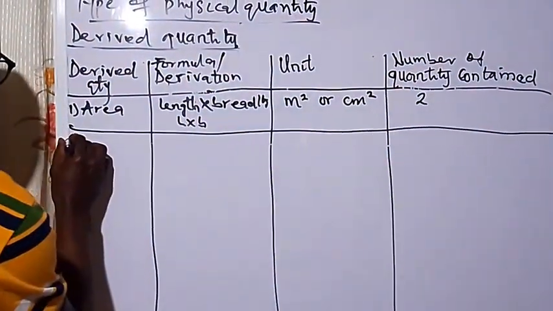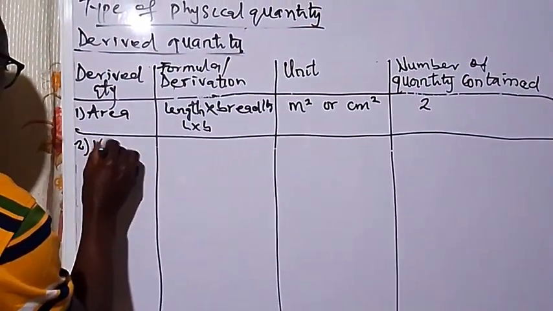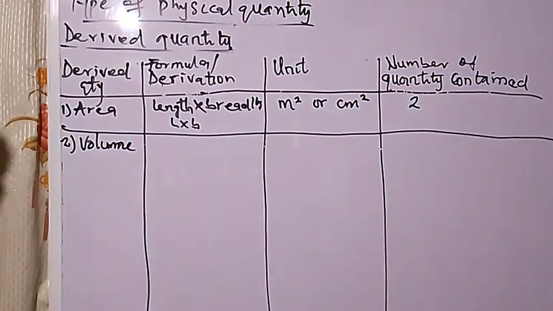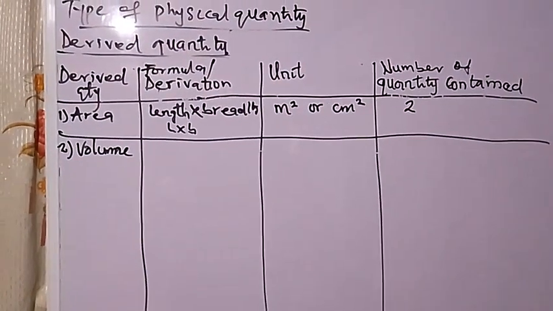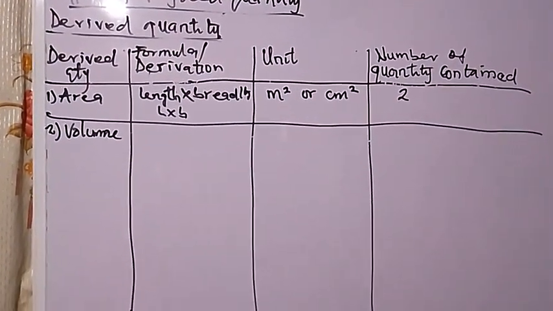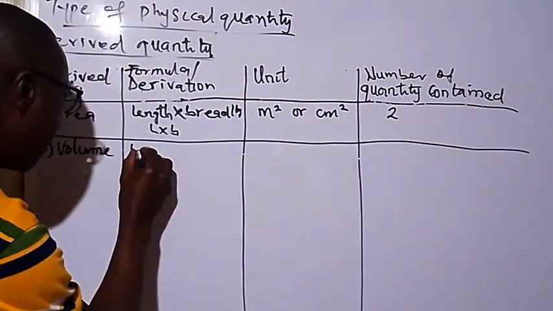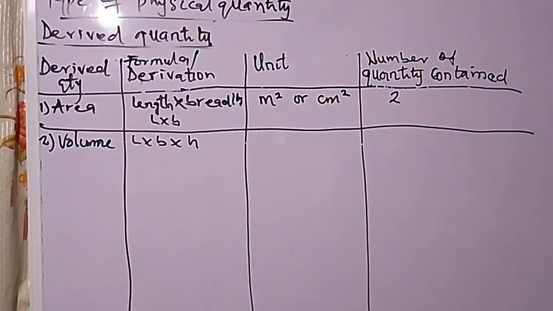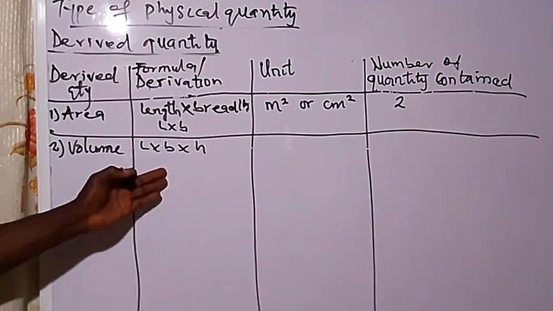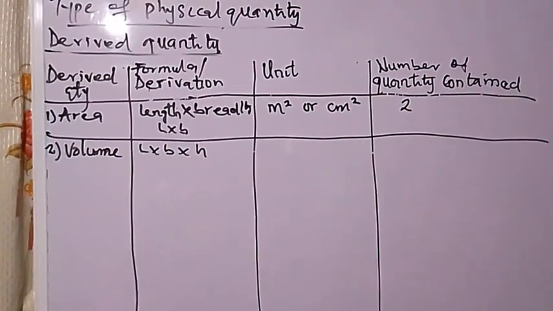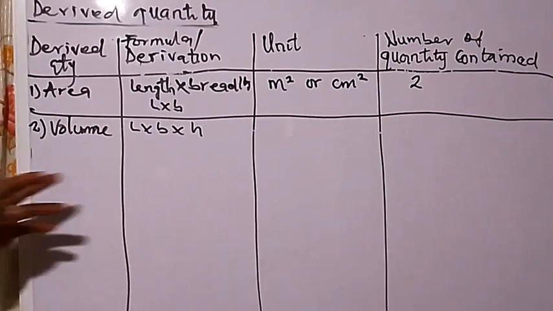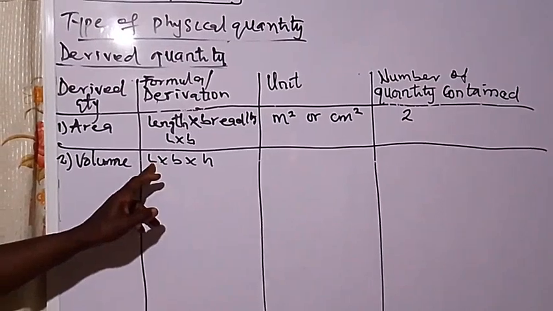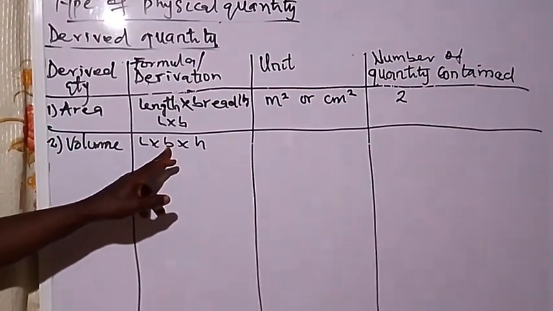The next example is volume. As example 2, the volume of a cupboard in mathematics is length multiplied by breadth multiplied by height. All these units have been known from the fundamental level: meter for length, the same meter for breadth.